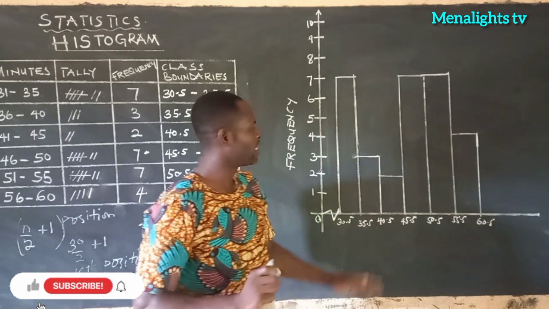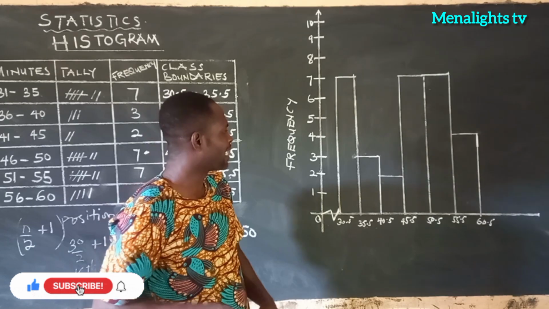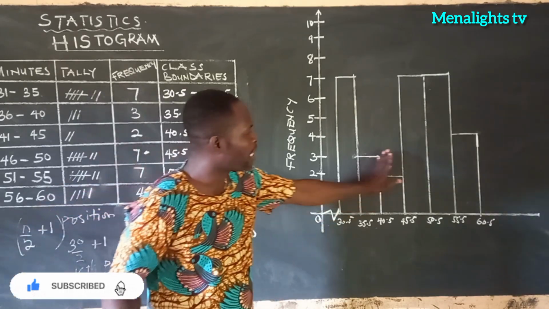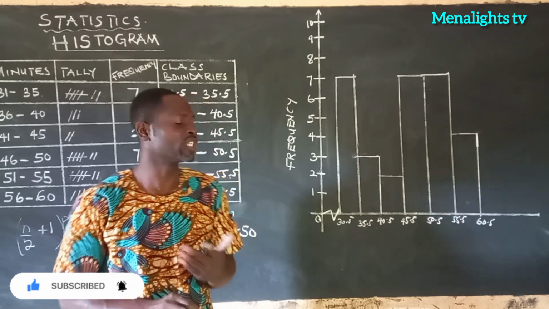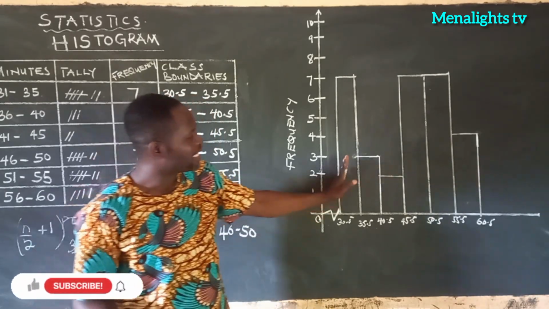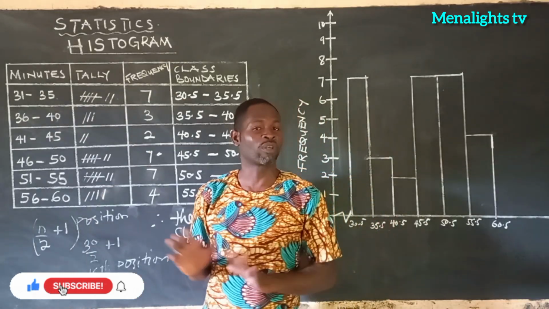So we have our 60.5 there. So when you look at this, the bars are joined to each other. Then the size of the bars must be what? The same. So this is what the question required of us.